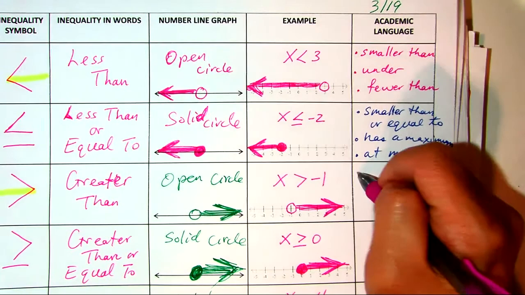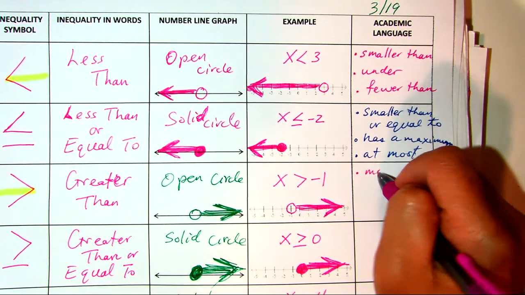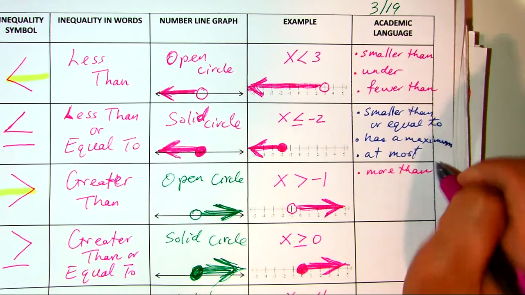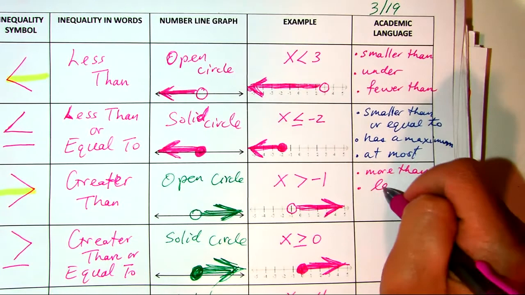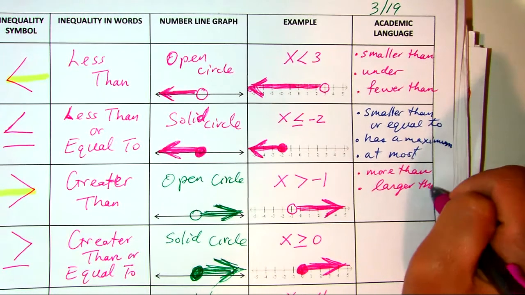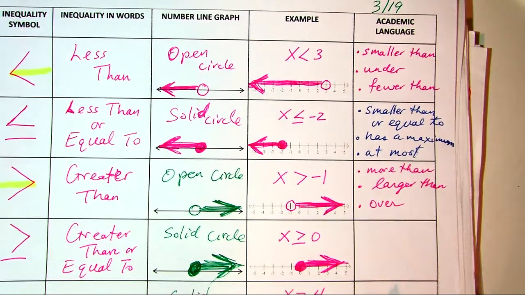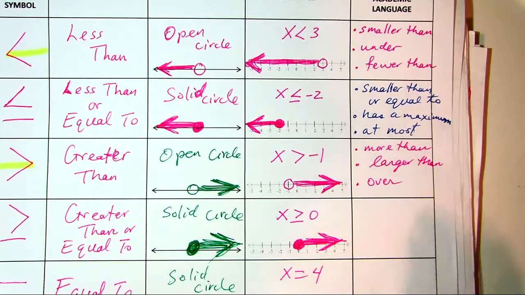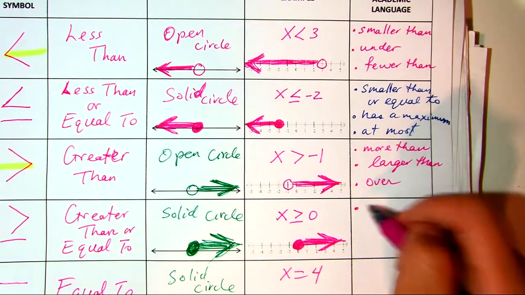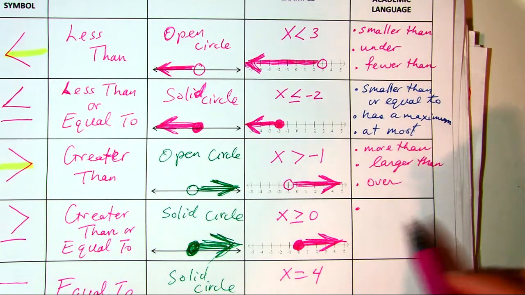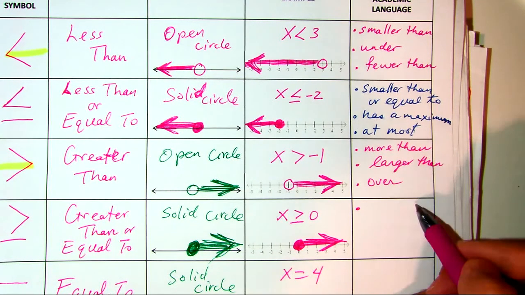Okay, for greater than: more than, larger than, over. For greater than or equal to, you can say more than or equal to, larger than or equal to.